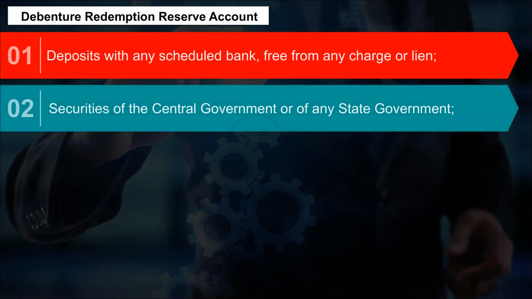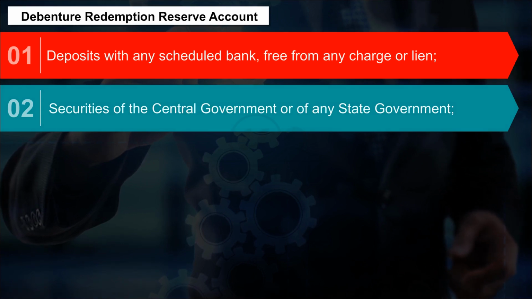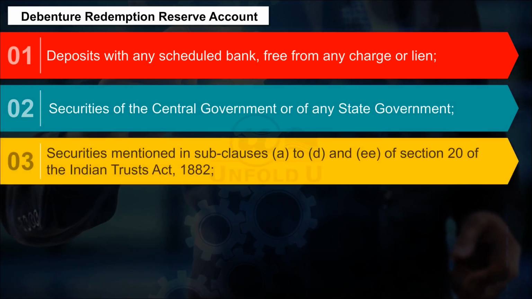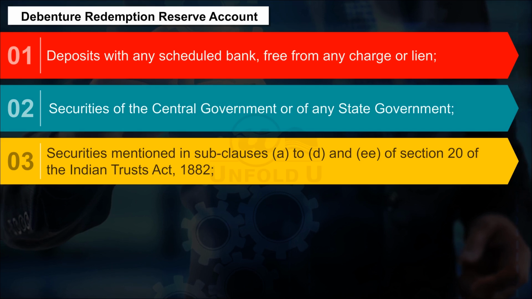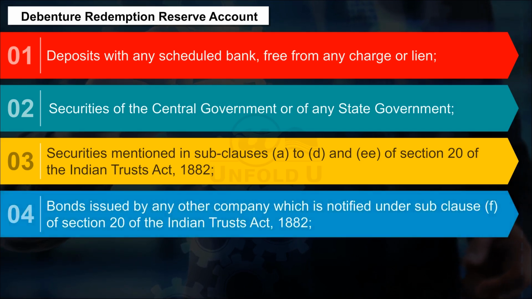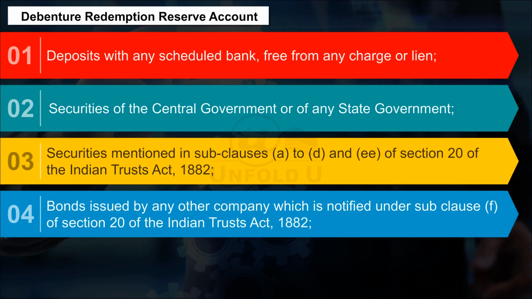2. Securities of the central government or of any state government. 3. Securities mentioned in sub-clauses A to D and EE of Section 20 of Indian Trusts Act 1882. 4. Bonds issued by any other company which is notified under sub-clause F of Section 20 of the Indian Trusts Act 1882. 5.